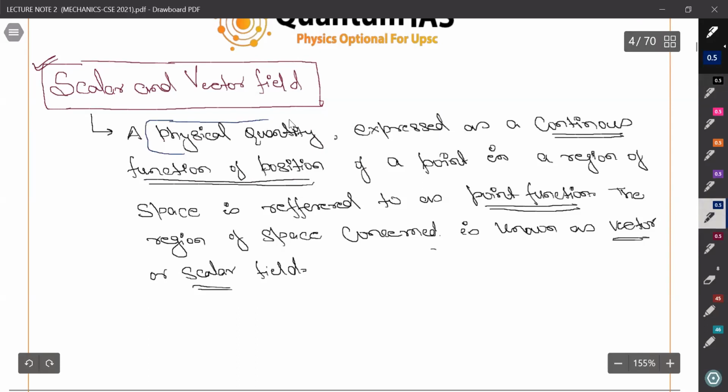If the physical quantity is a vector quantity, then it will be a vector field. If the physical quantity is a scalar quantity, then it will be a scalar field.